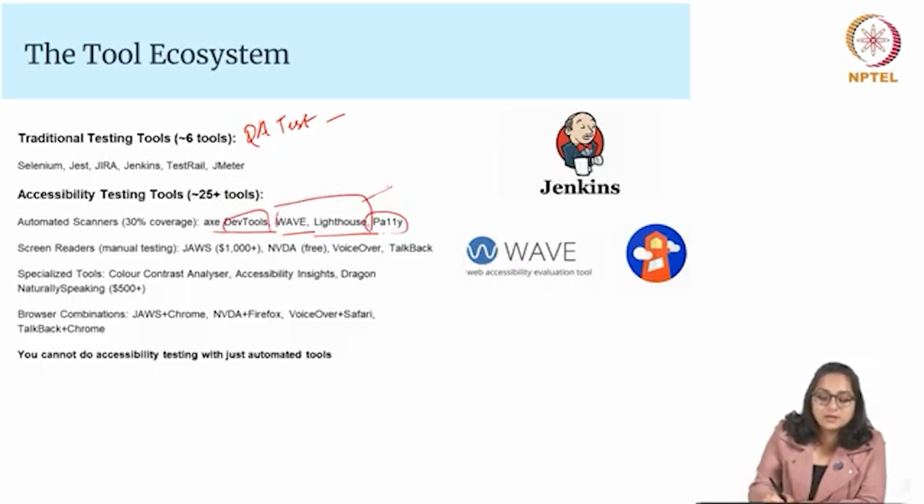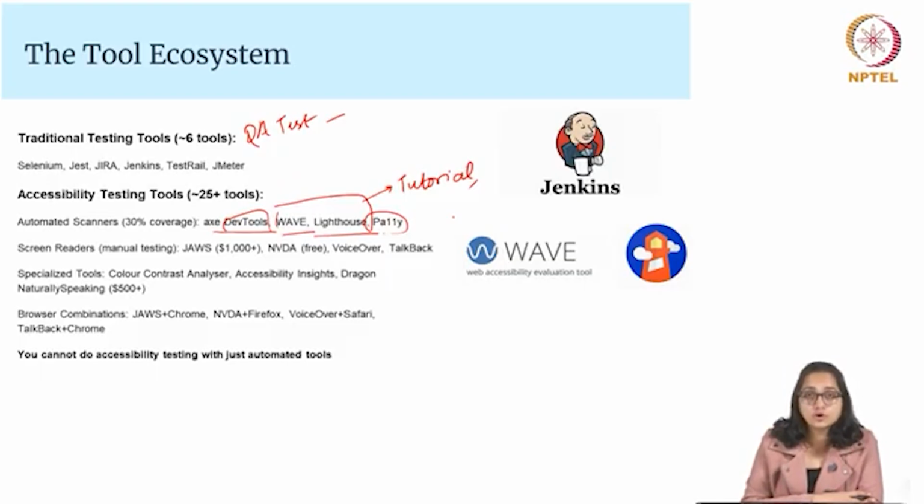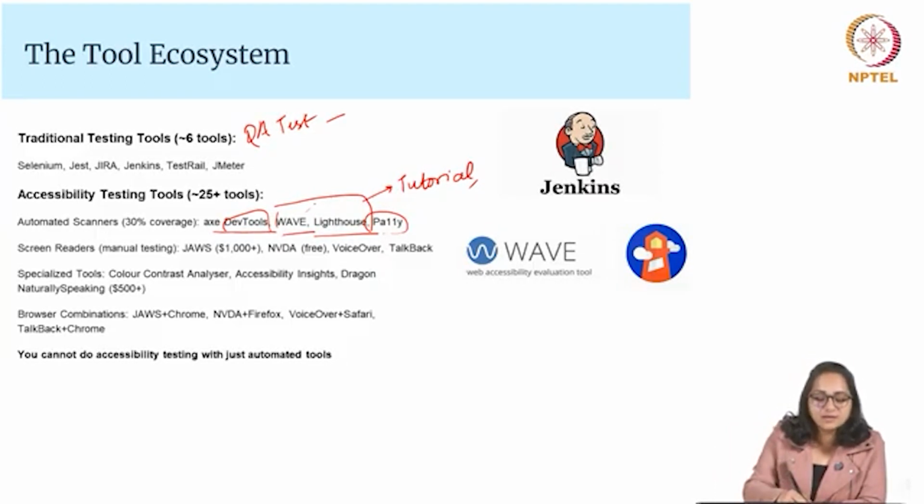Lighthouse and Wave tutorials we have already shared, and they're not 100% efficient, but they still cross-check against WCAG guidelines the non-semantic, non-logical aspects which are 100% code related or front-end related, or criteria with clear pass and fail that can be automated. So that is what is happening in Wave and Lighthouse.